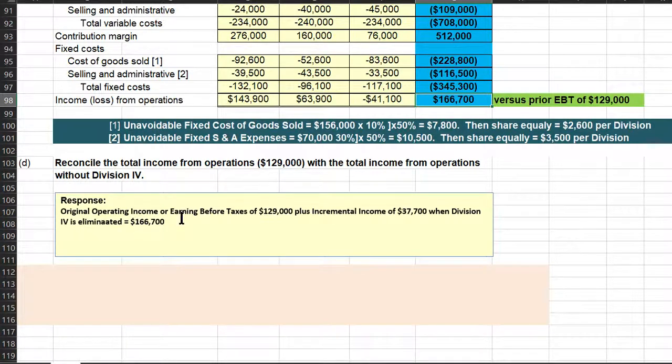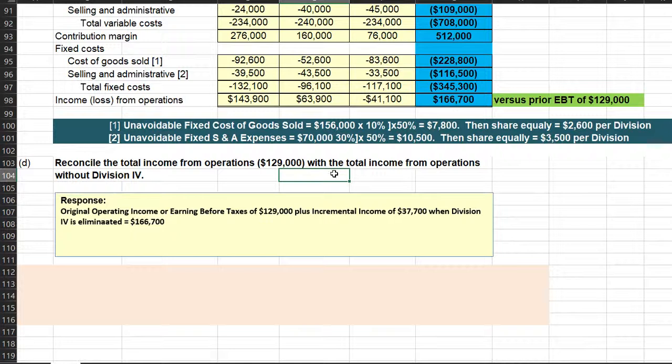Original operating income or earnings before taxes of 129,000 plus the incremental income of 37,700 that would result from eliminating Division 4 gives us our new overall profit before taxes of 166,700.